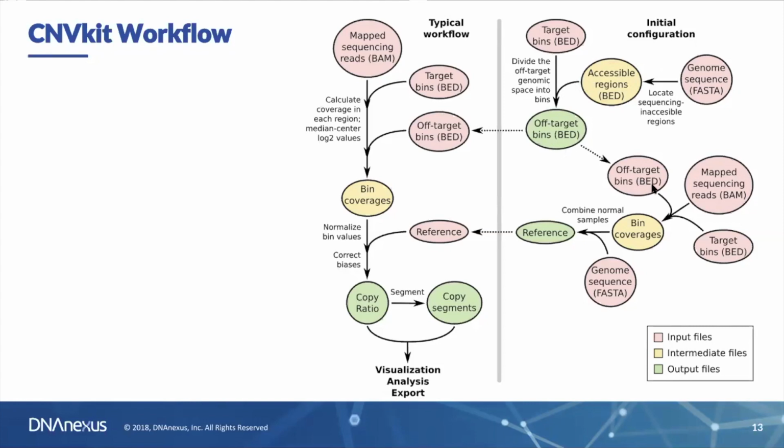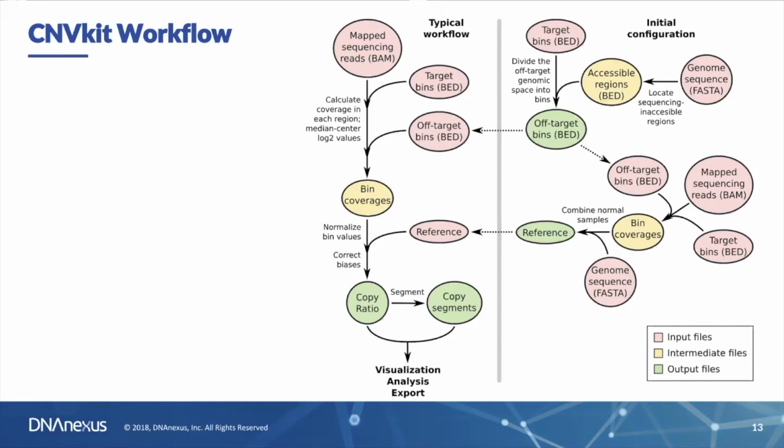We can also keep going by using those target bins and off-target bins with the BAM files from matched normals or even unmatched normals that were processed with the same lab protocol. So if you use the same capture kit to process tumor samples as you did to process matched blood normal samples, then we can use those normals to build up a reference profile.